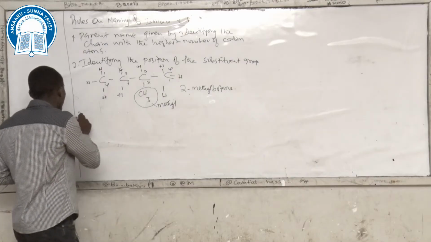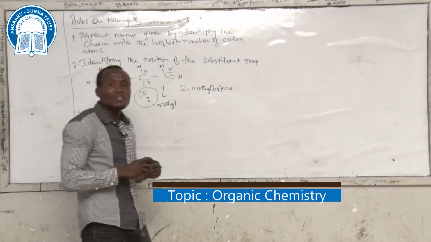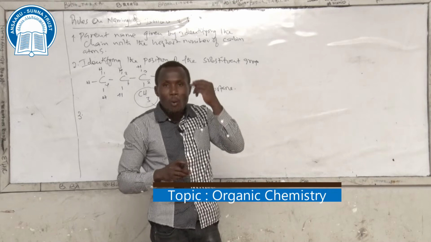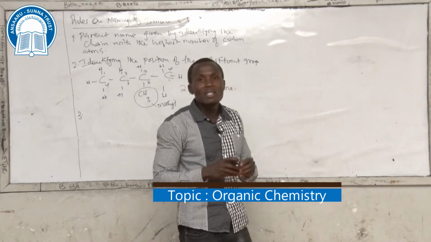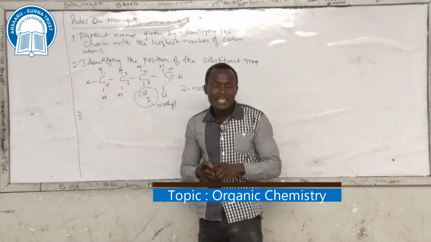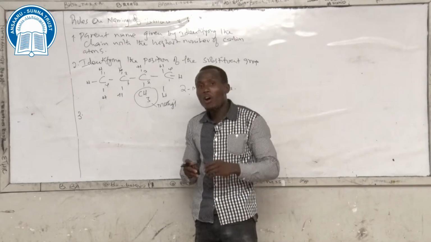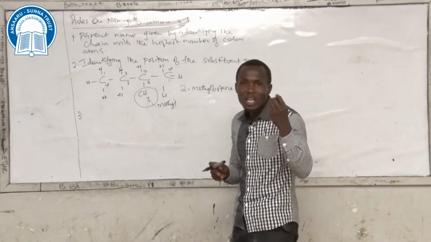Then rule number 3: if we have more than one substituent group, we use the word di to represent 2, tri to represent 3, tetra to represent 4, and penta to represent 5.